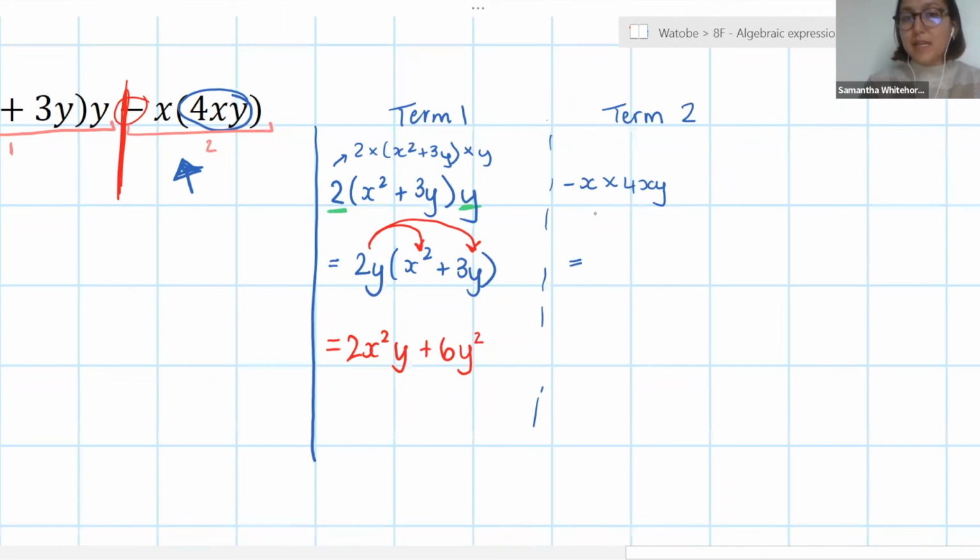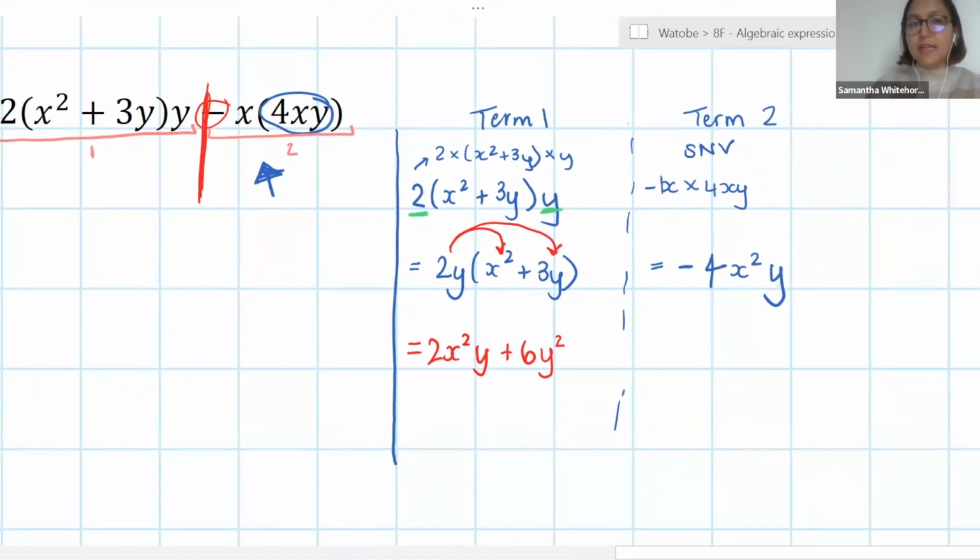So go back to SNV. We know a negative times a positive is a negative. Oh, maybe I should do my numbers first. 1, because that's the coefficient, 1 times 4 is 4. x times x is x squared. And then I don't have another y to multiply with, so it's just y.